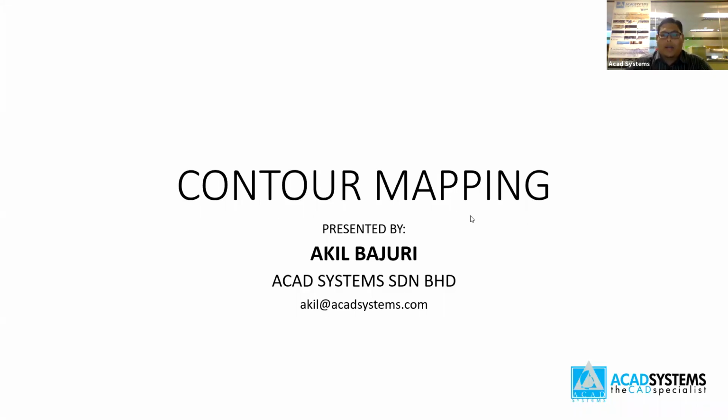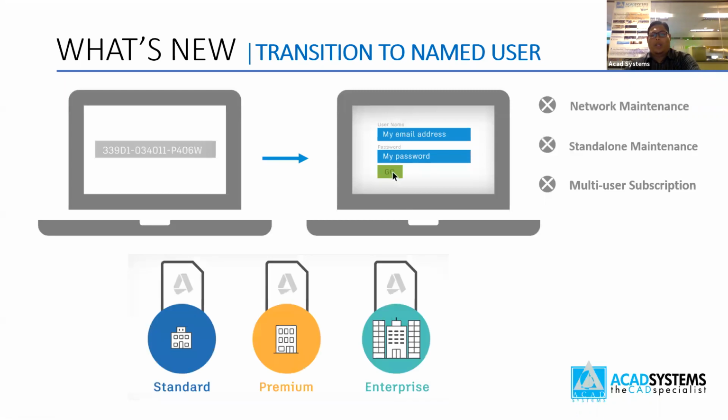Before we begin, let me go through what's new with Autodesk this year. Autodesk has launched new subscription plans that are based on people, and has retired plans based on serial number, like network maintenance, standalone maintenance, and multi-user subscriptions.